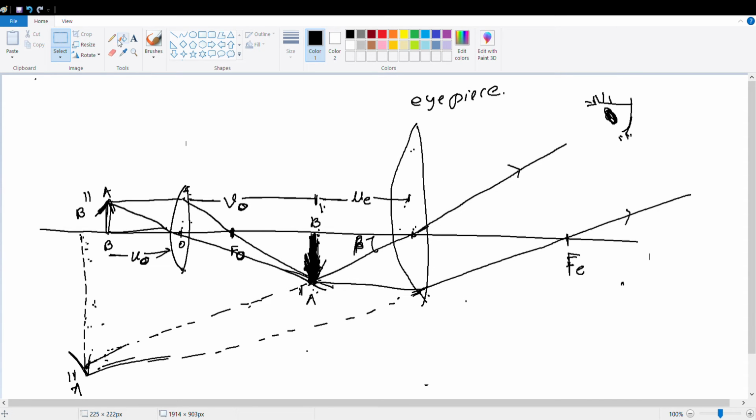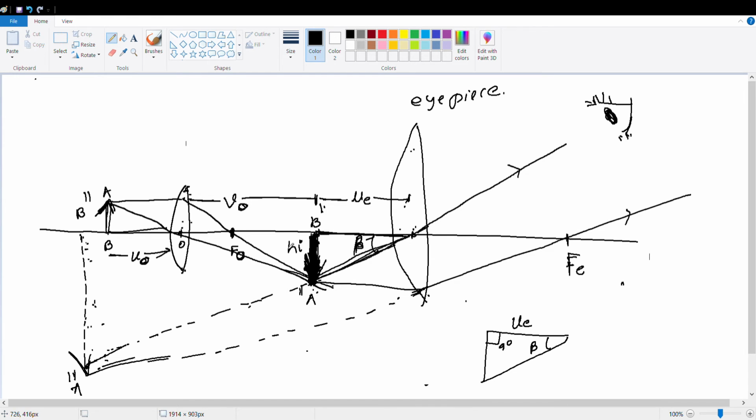Okay. Now see, this is a right angle triangle, yes or no? Where this is beta, this is 90. And this length is UE. And what is this one?